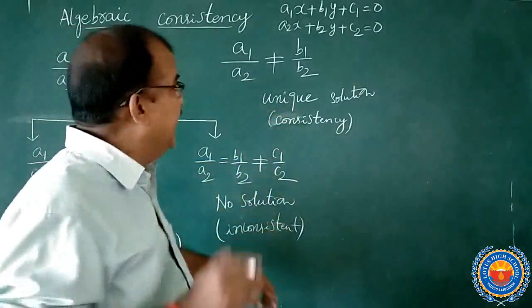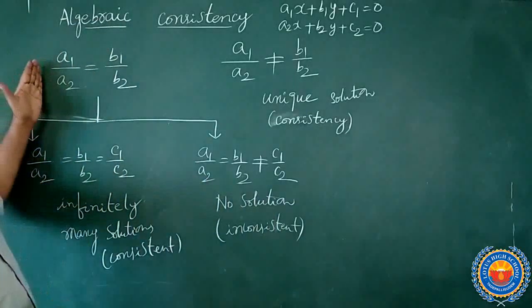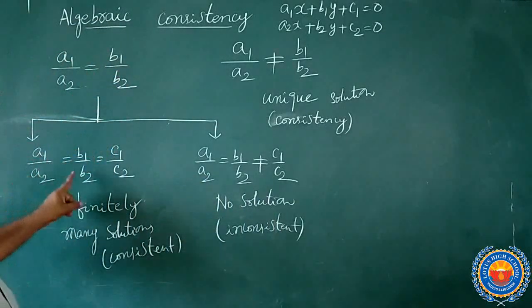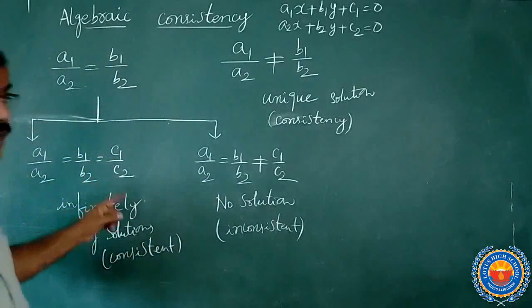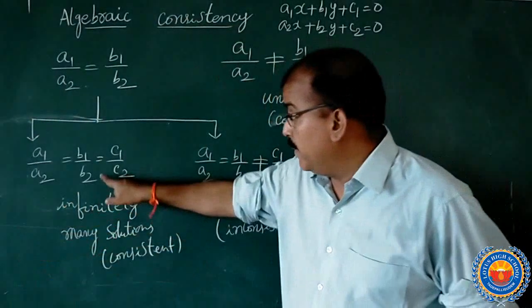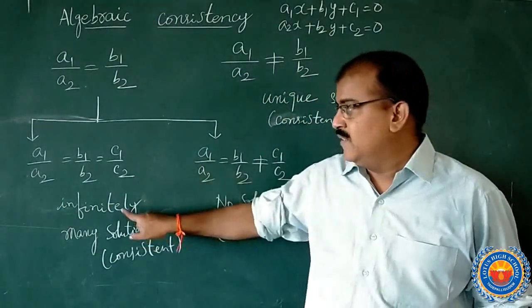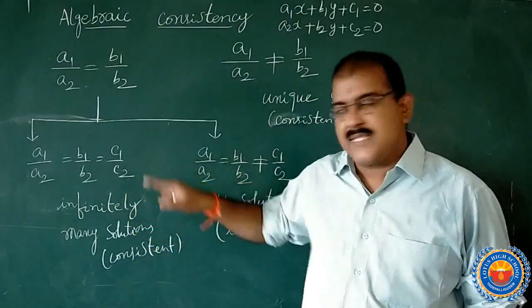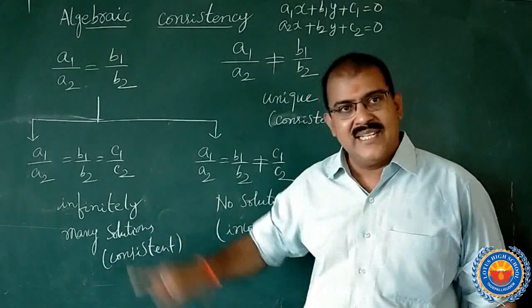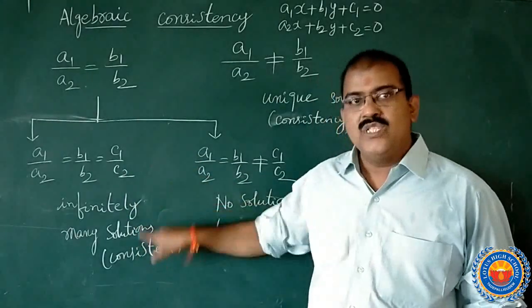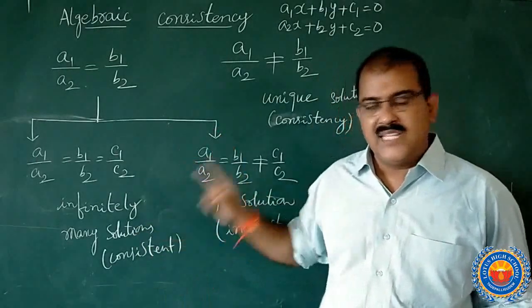Coming to a1 by a2 is equal to b1 by b2 is equal to c1 by c2: in this situation, if this condition is satisfied, there are infinitely many solutions, and then we can say those equations are consistent.